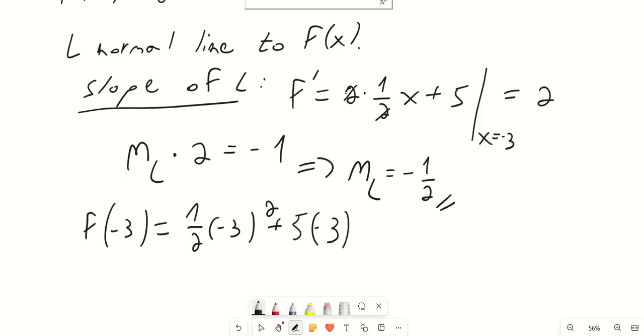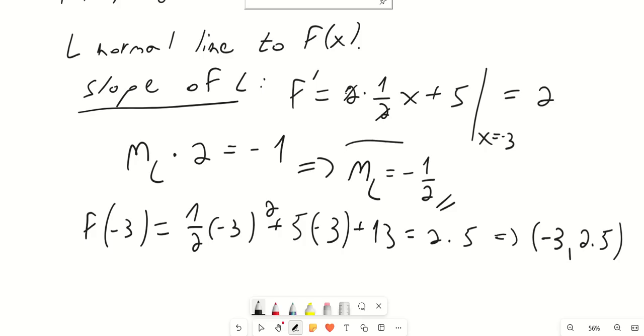Half of x squared plus 5x plus 13: so I get here 9 divided by 2 is 4.5, plus 13 is 17.5, and minus 15 is 2.5. So I know that L goes through the point (-3, 2.5).